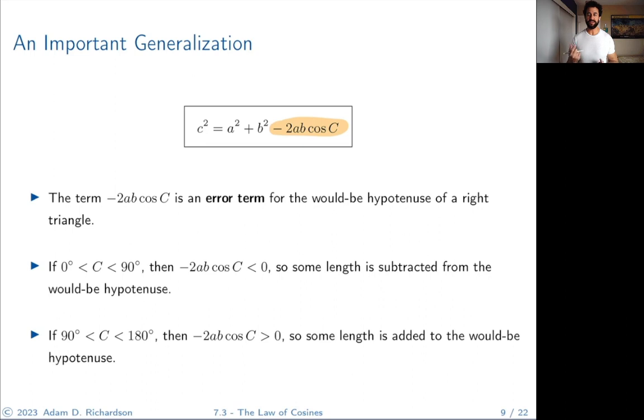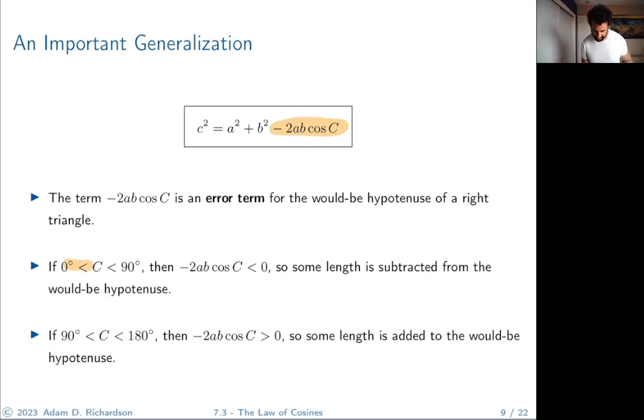And you can use this to see how far off of a right triangle you really are, which is kind of cool. That's why you can think of it as an error term or an adjustment term. It's the Pythagorean theorem plus a little bit extra or minus a little bit extra to deal with the fact that you're not working with a right triangle.